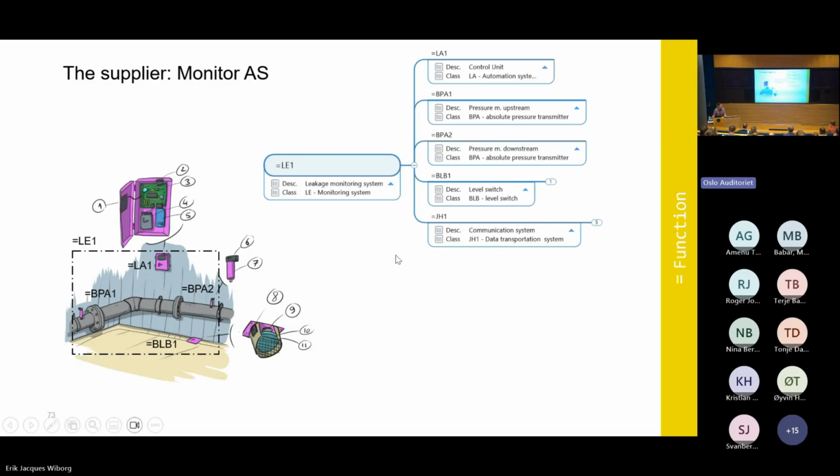The designer had a different team working on the communication system. The communication system is important. It can have its own failures, its own problems. So it made sense to have this communication system as a separate main part.